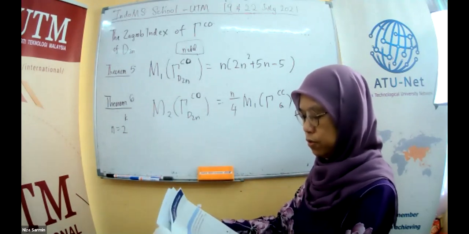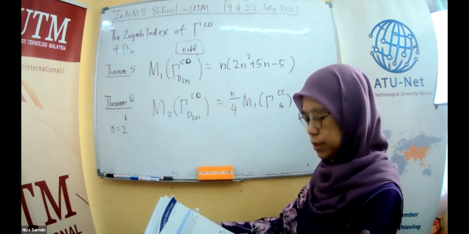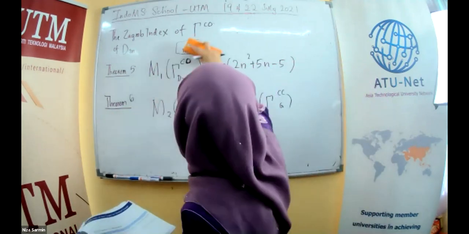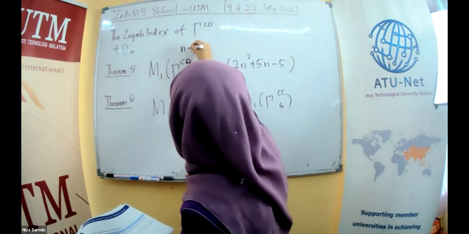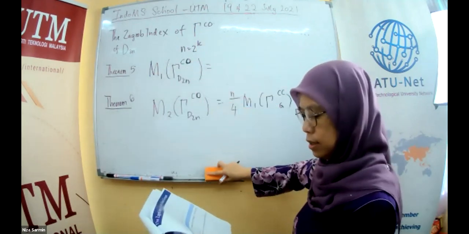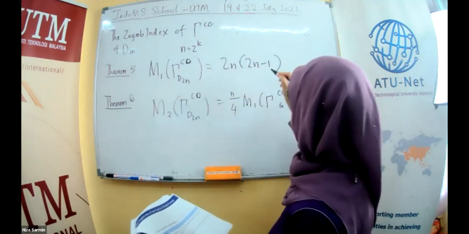I still go to the first one first. Let me change here. Just now it was odd, now it's 2 to the k. So for this one, this is 2n minus 1.